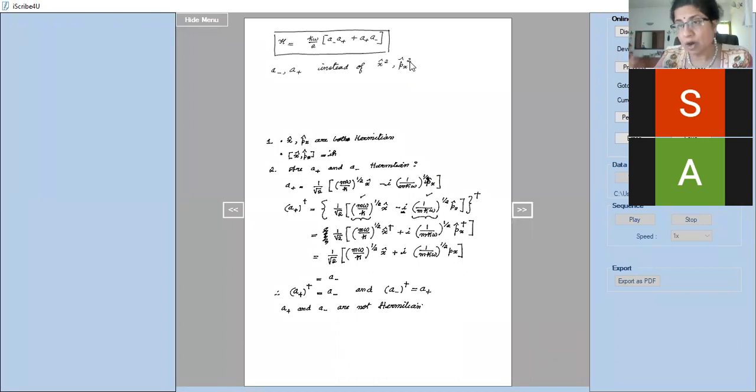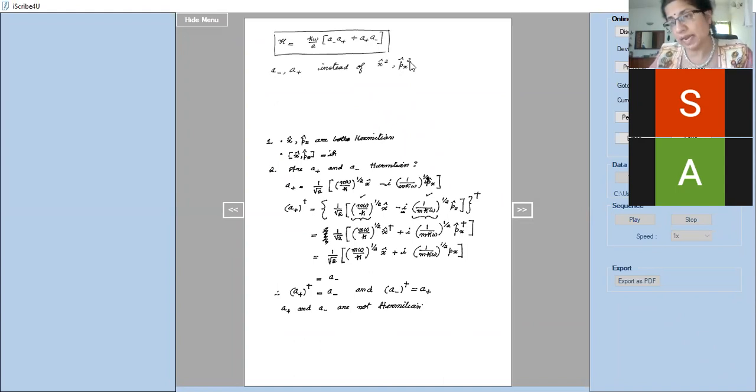But all operators which are actually useful need not be Hermitian. These are the first examples you're getting of two operators, A plus and A minus, which are not Hermitian, but are going to be very, very useful for us.